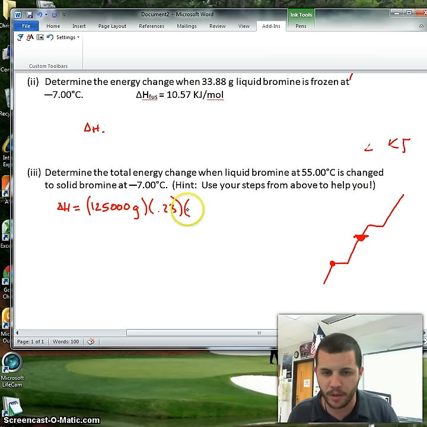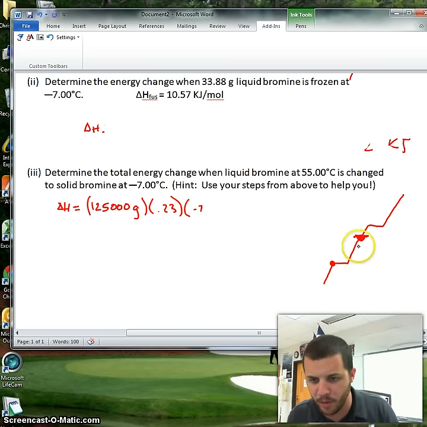And then we're going to multiply that by our change, which was our final temperature of -7. And it's still -7 because even if we're doing this distance from here to here, it's still going to -7 degrees Celsius. So that'd be -7 minus our initial temperature of 55.